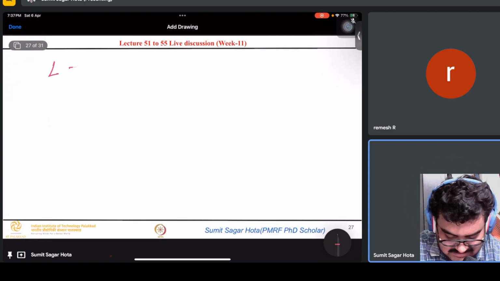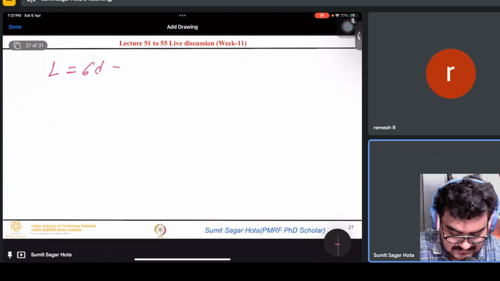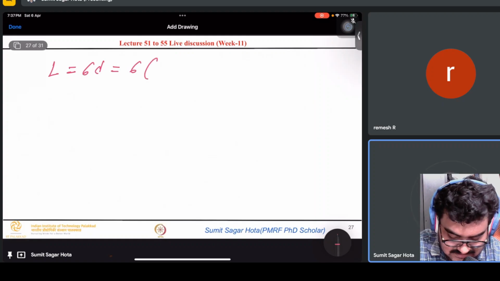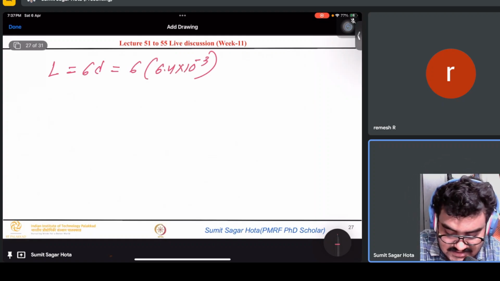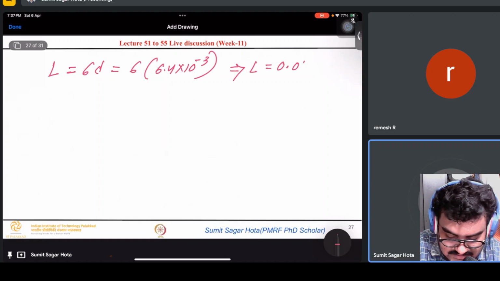L is 6 times that diameter: 6 into 6.4 into 10 to the power minus 3 is equal to 0.0384 meter.